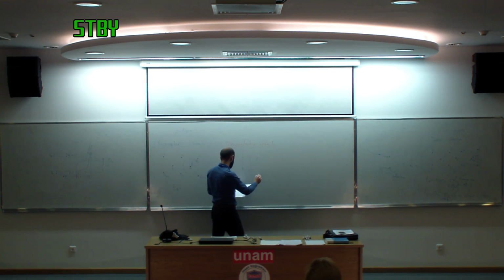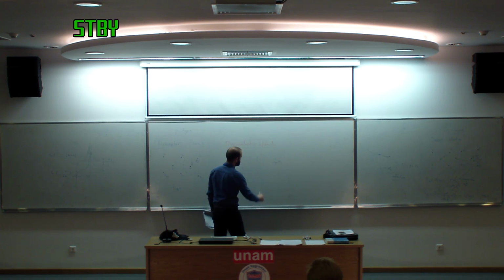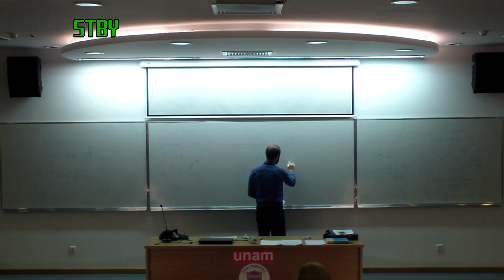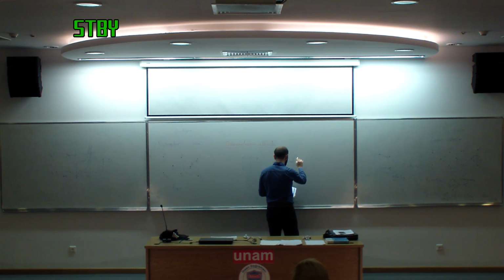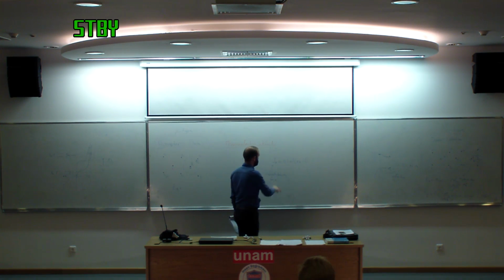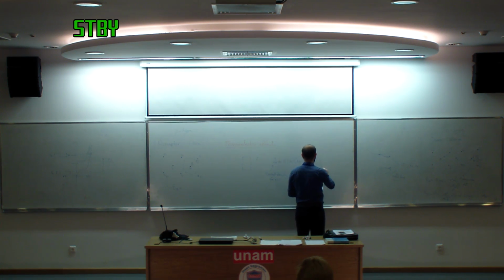And then the current density for electrons is written like this. Then the electric field, the vector can be extended to 3 dimensions.